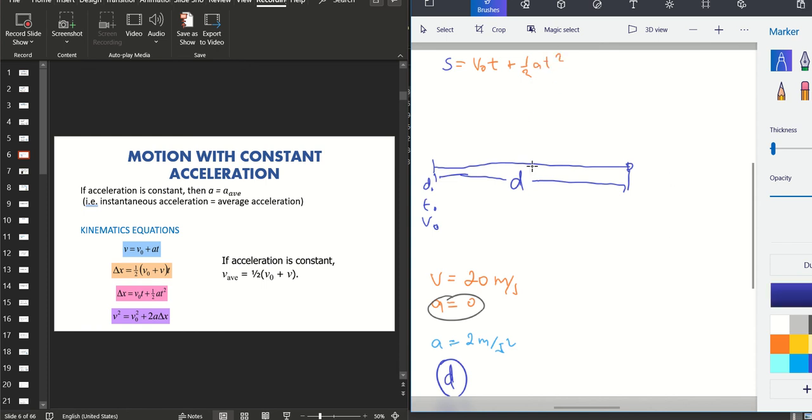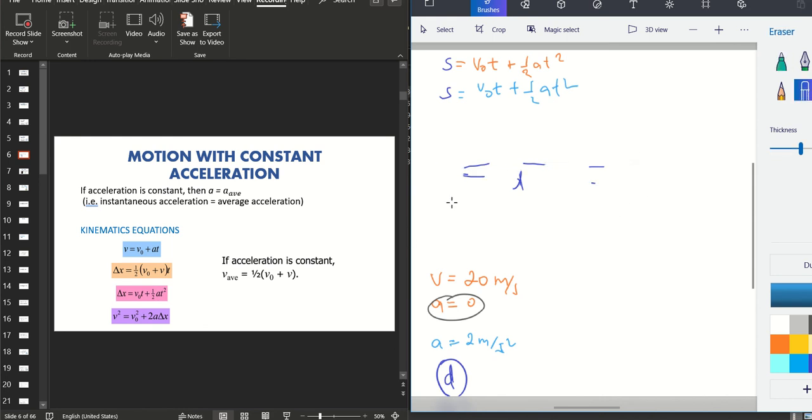Okay. Then we use light blue because V naught times time plus 1/2 AT squared. Okay? So since common sila, equate na lang natin. Gamitin siyang gray.